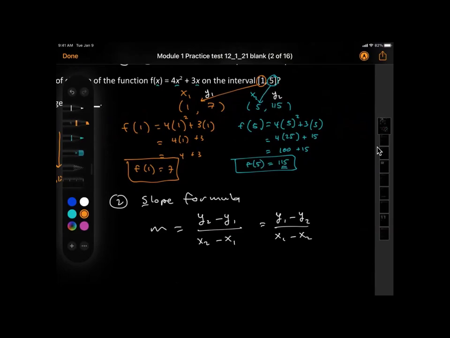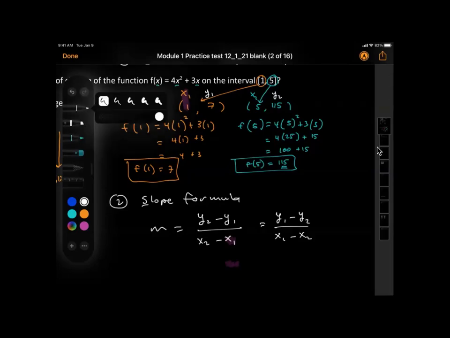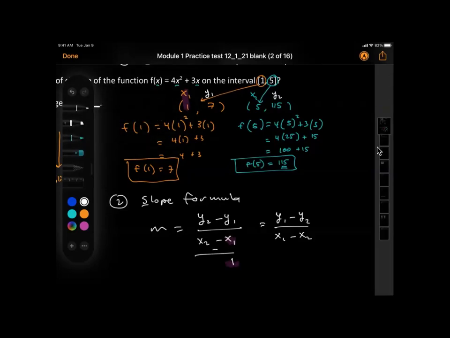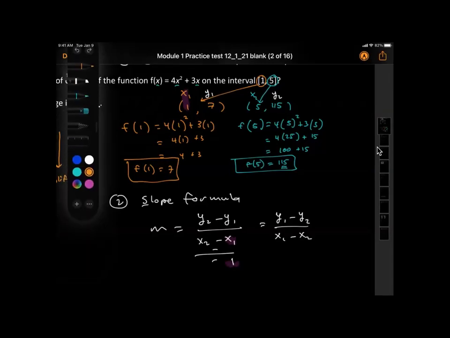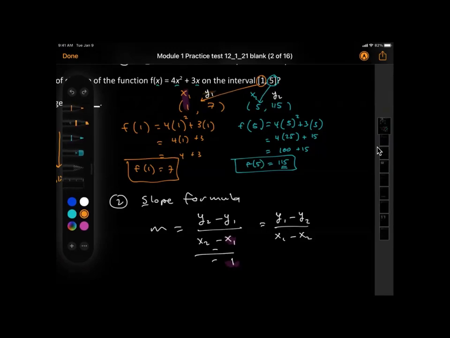All right, so let's use some color coding here. x1 is going to be 1. y1 is 7. So I'm going to write a 7 here. And let's put those in parentheses because a lot of students will make some mistakes here. My x2 value is here, which is 5.